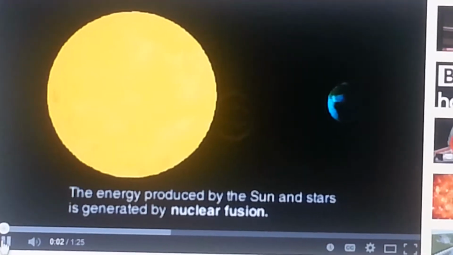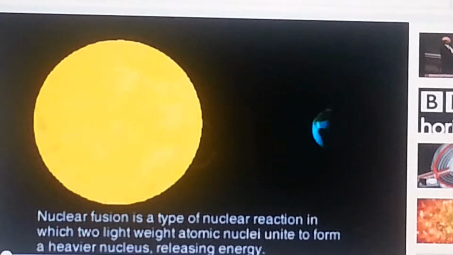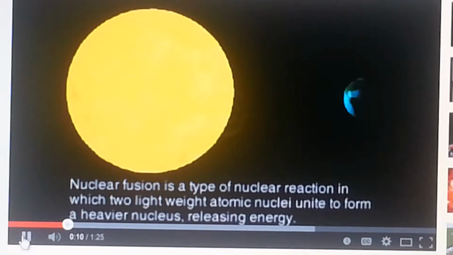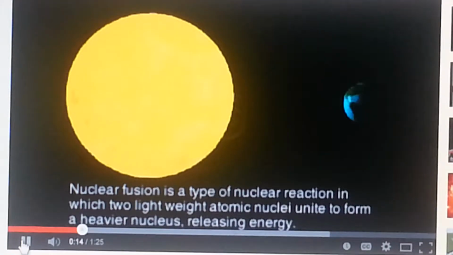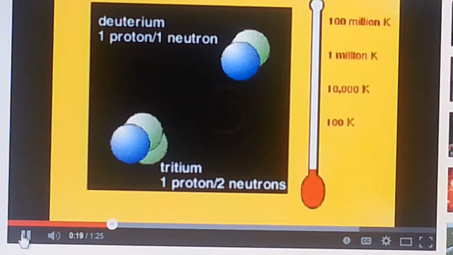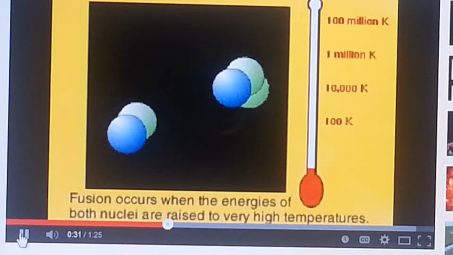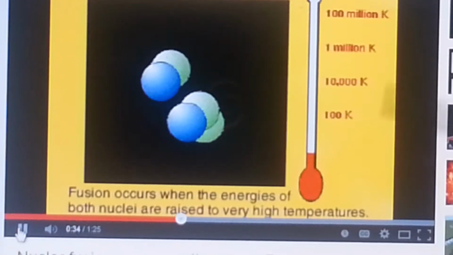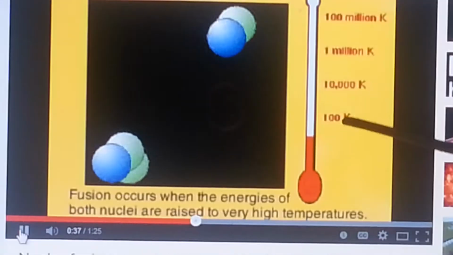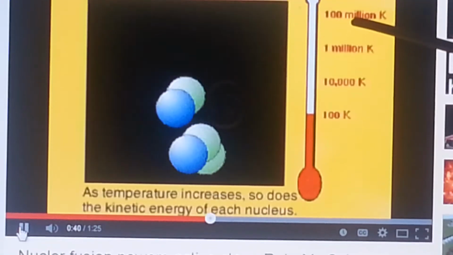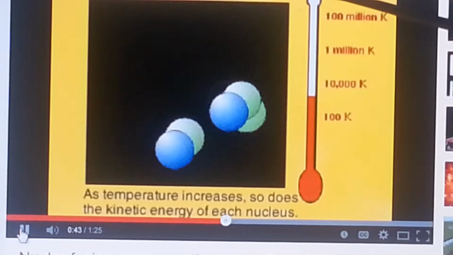Fusion is the nuclear reaction that fuels the sun and the stars. When two light atomic nuclei, such as deuterium and tritium, each a version of hydrogen, unite to form a heavier nucleus, like helium, the bonding process will release energy. Deuterium is composed of a proton and a neutron, tritium of a proton and 2 neutrons. The nuclei are positively charged and naturally repel each other. To overcome that resistance, the nuclei must be energized with extremely high temperatures so that they can collide with force. As temperature increases, so does the kinetic energy of each nucleus.